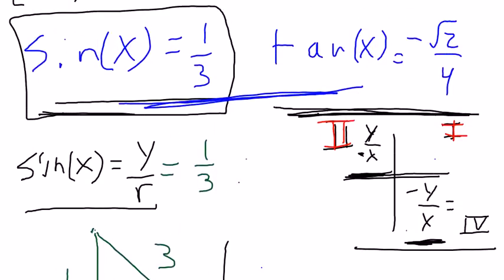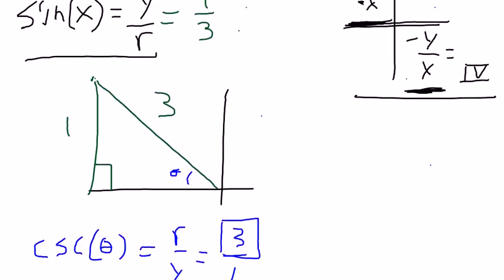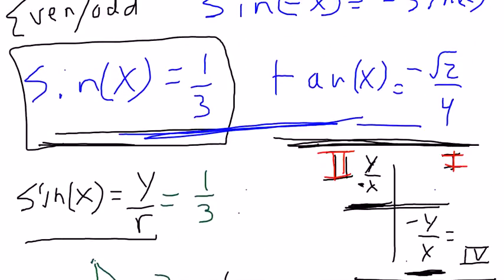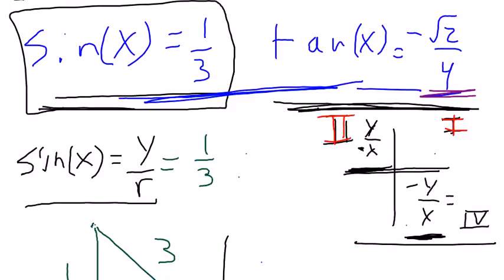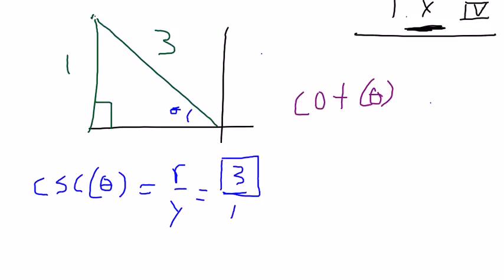We're also given tangent. If tangent is negative square root of 2 over 4, cotangent of that angle will be the reciprocal of this, so it'll be negative 4 over square root of 2.